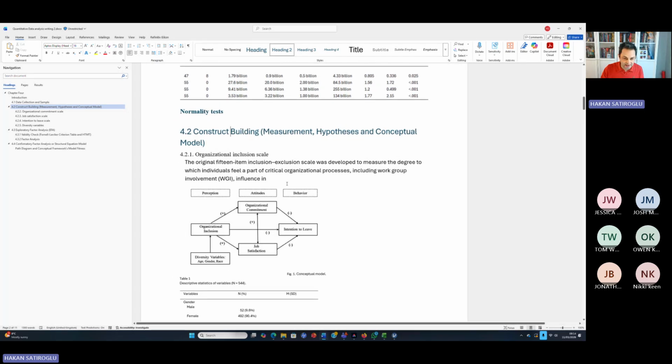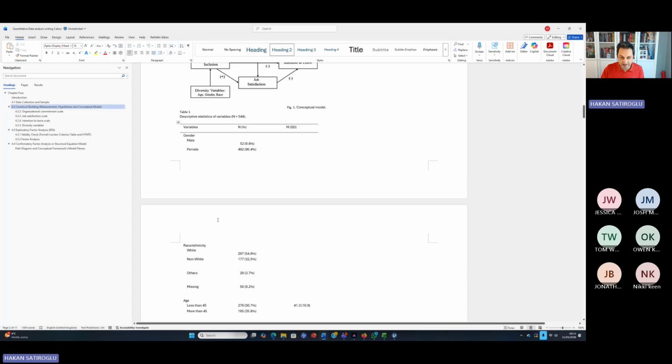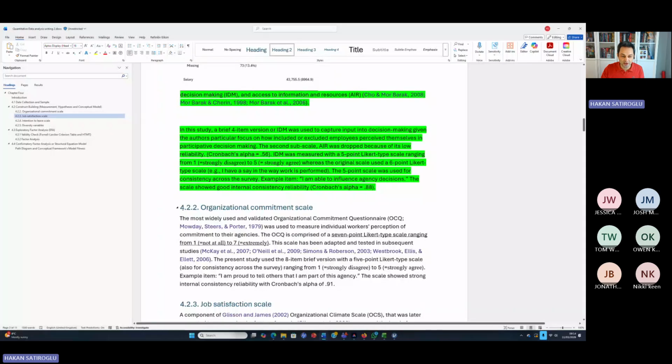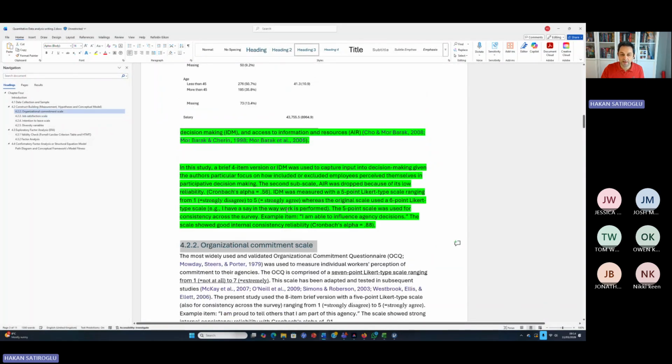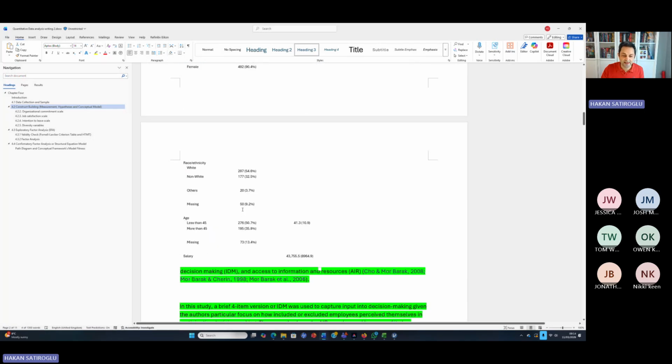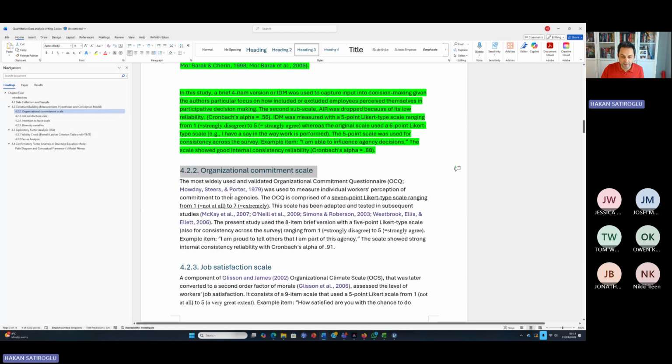This is the research done by the researcher, and descriptive statistics are given here, and each construct is given, such as organizational commitment. Okay, organizational commitment is here. It means where it is coming from. Organizational commitment comprises a 7-point Likert scale ranging from 1 to 7, not at all to extremely. So this is where you can report.